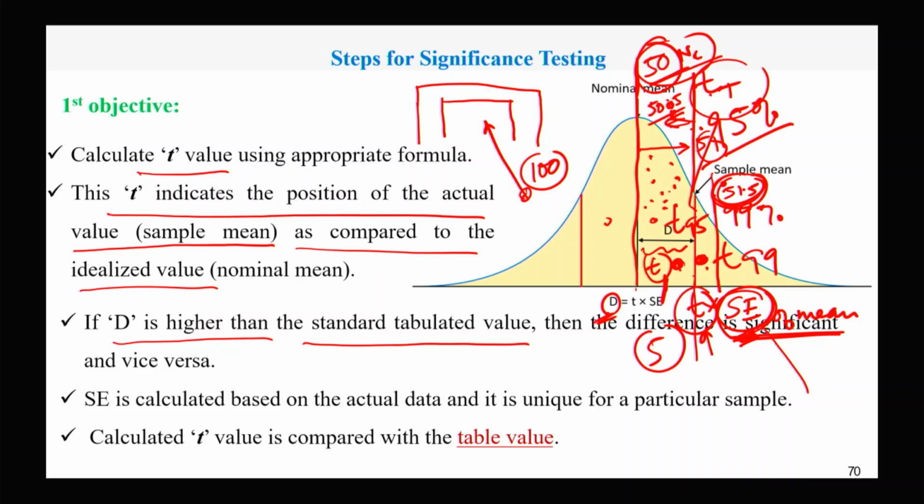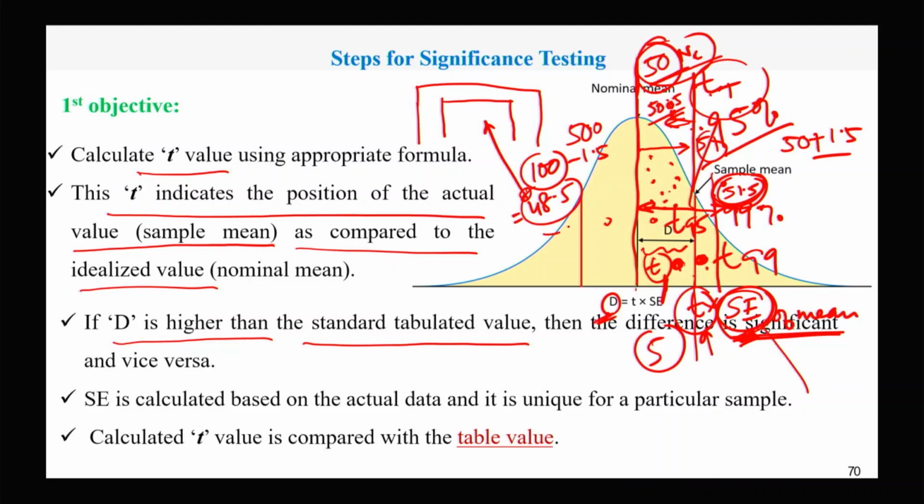It's not acceptable, because 51.5 means 50 plus 1.5 count, and 50 minus 1.5 count will be 48.5.